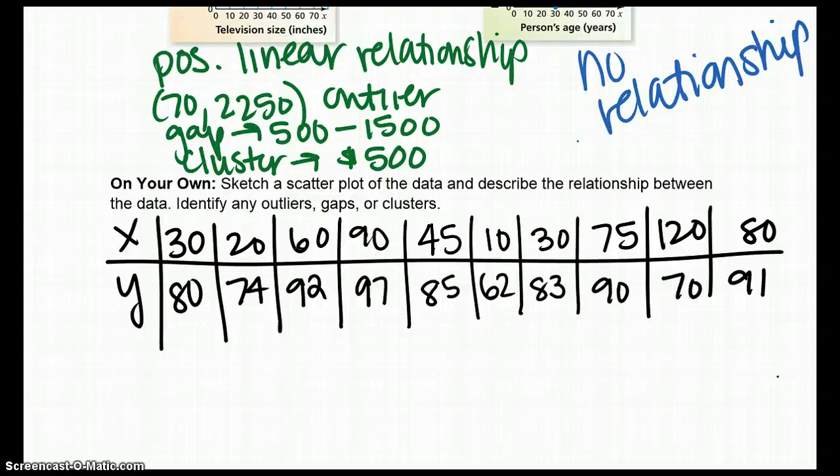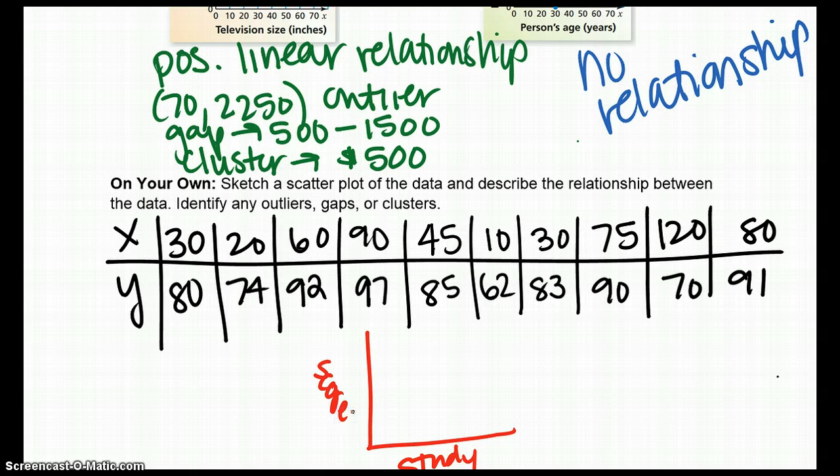The directions say to sketch a graph. So I'm going to give you the basic outline, and then we're going to talk about the answers to this one in class. When I say sketch, I mean label your axis. This is going to be study time, and this is going to be test score.